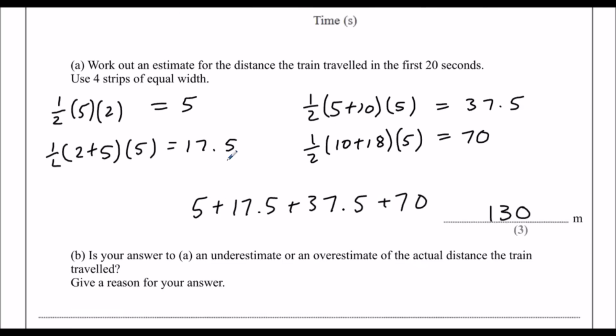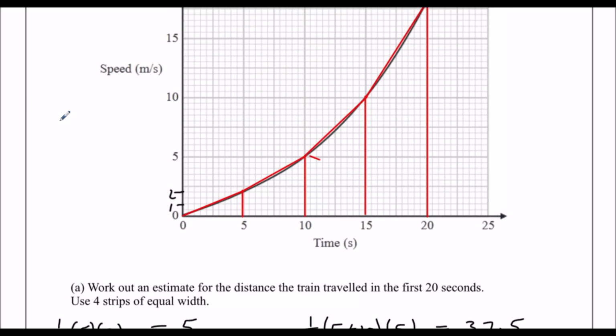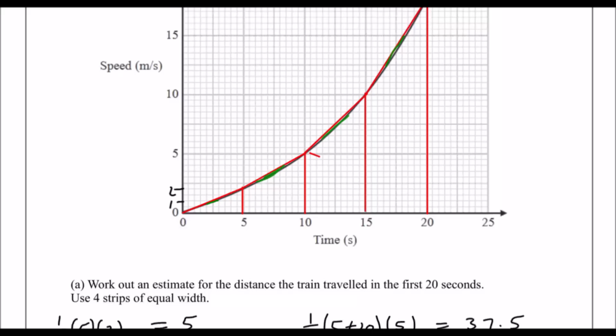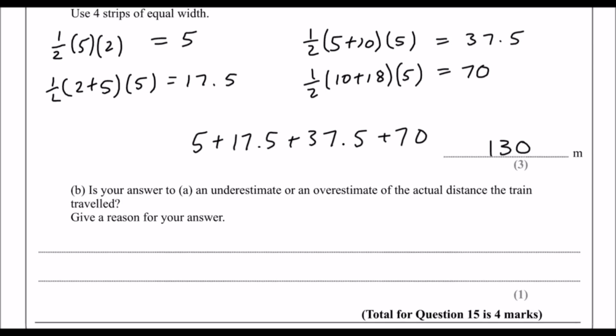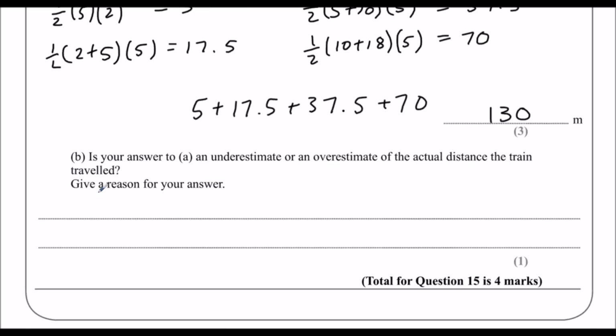Is your answer to part A an underestimate or an overestimate of the actual distance travelled? So the actual distance travelled is the area under the curve. We've included these extra areas here in between our trapeziums and our triangle and the curve. So we have overestimated. Our area is bigger than the area under the curve.